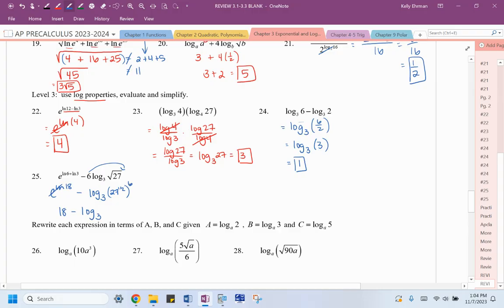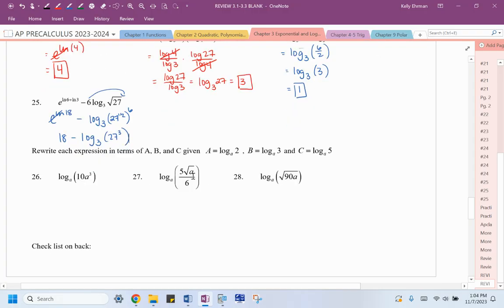Log base 3 of, this becomes 27 to the 3rd, and I still don't want you to figure out 27 to the 3rd. Nothing we do should have really high numbers on our quiz. So if you're calculating these really large exponents, there's probably an easier way.